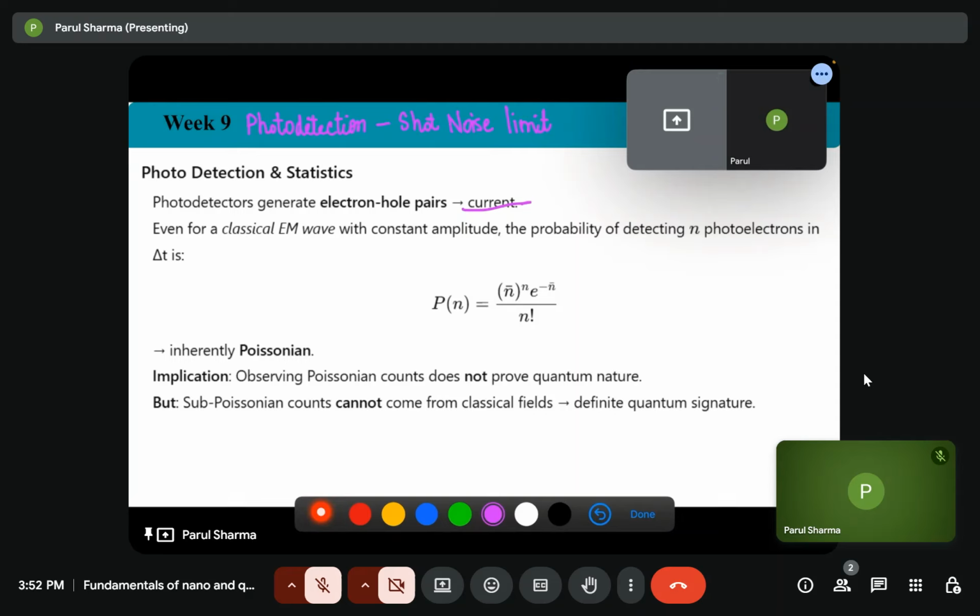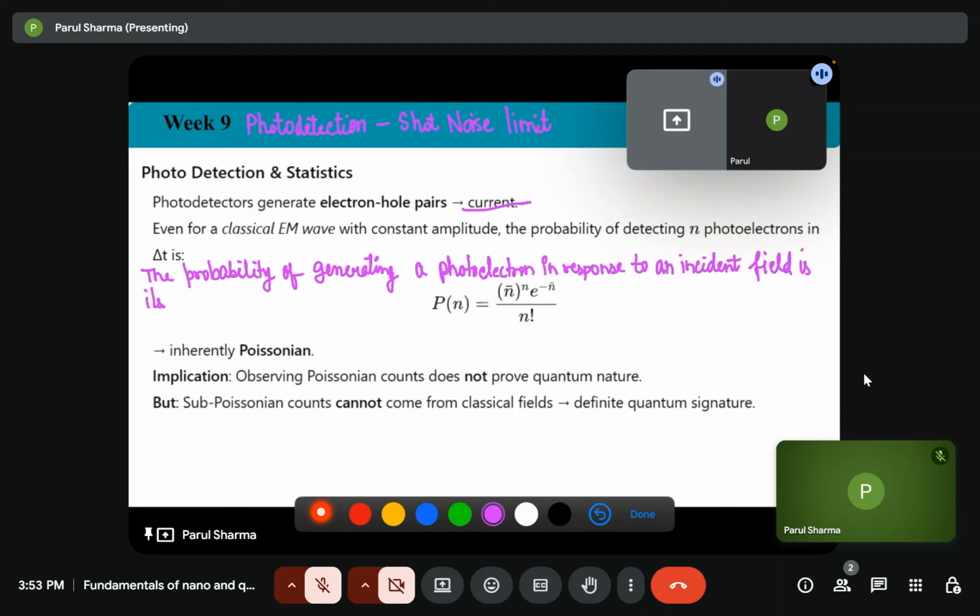The probability of generating a photoelectron in response to an incident field is itself Poissonian.